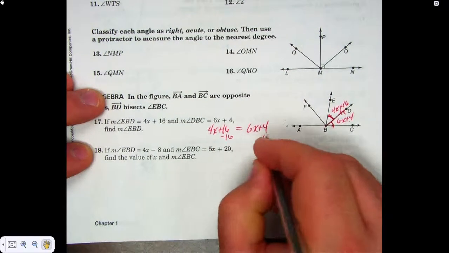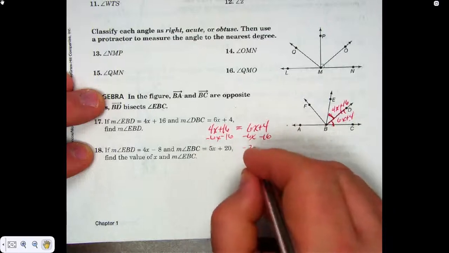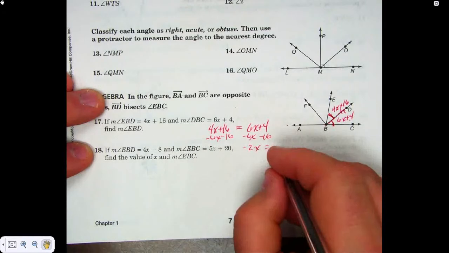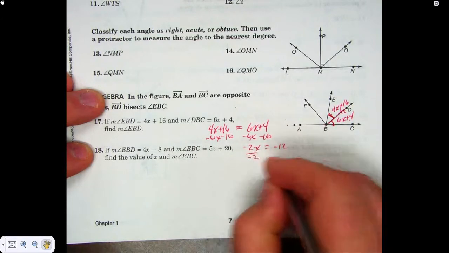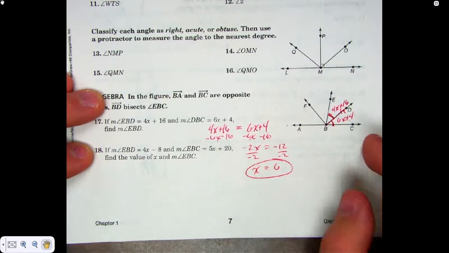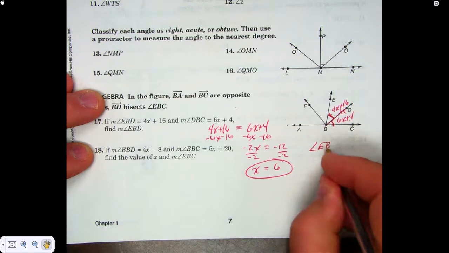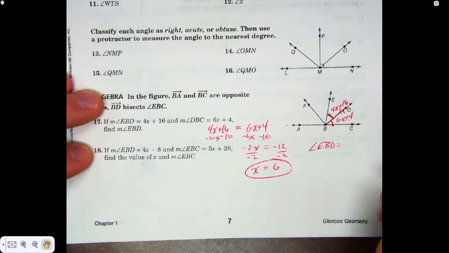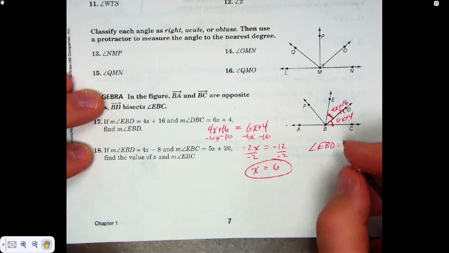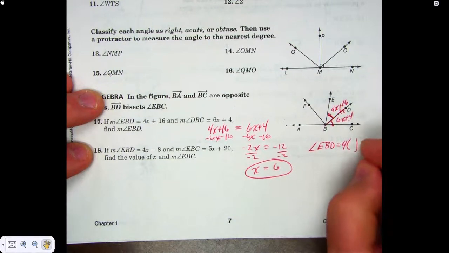Subtract 16. Subtract 6x. Subtract 6x. I'm just trying to do this fast. We got negative 2x is equal to negative 12. X is equal to 6. Did they ask for x? They asked for EBD. So what do I need to do? EBD is 4 times whatever x is, plus 16.